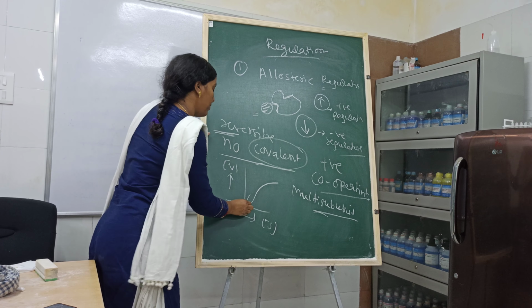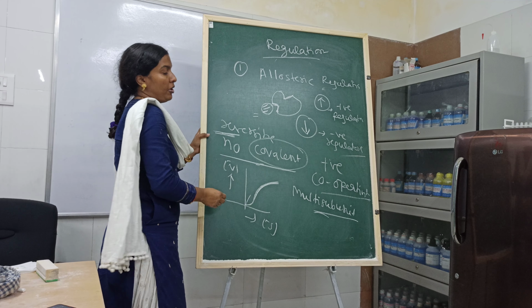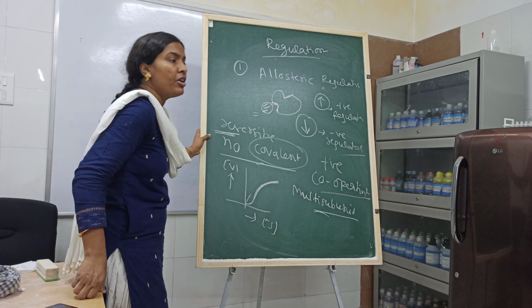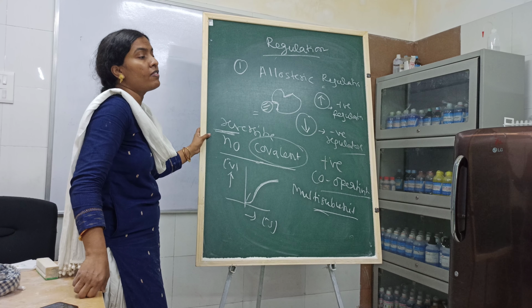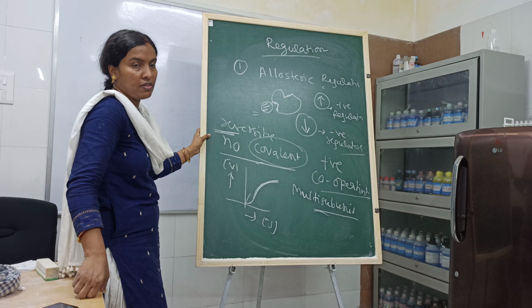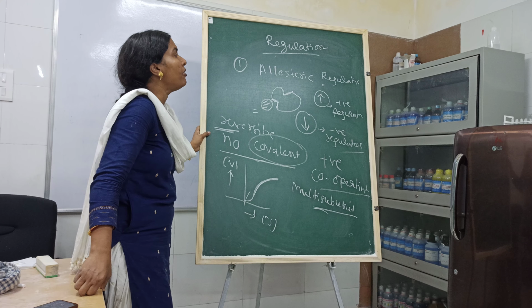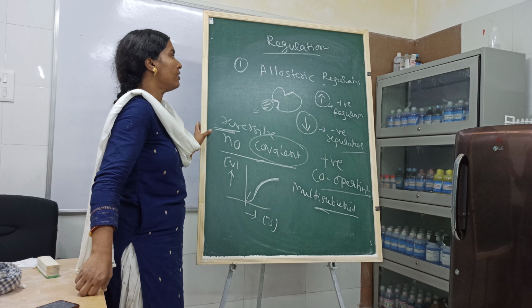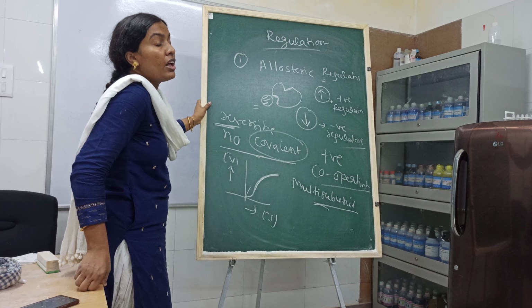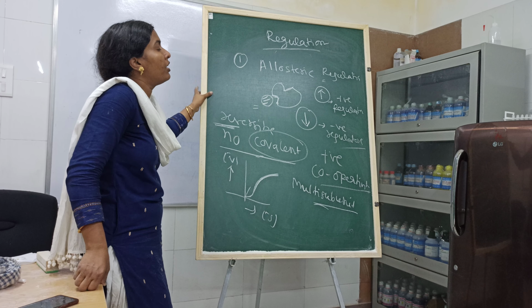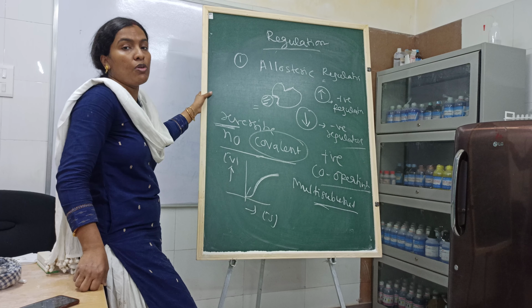This is called positive cooperativity. Binding of one subunit increases the affinity of the other subunit for the enzyme. This is the peculiarity of our allosteric enzyme.